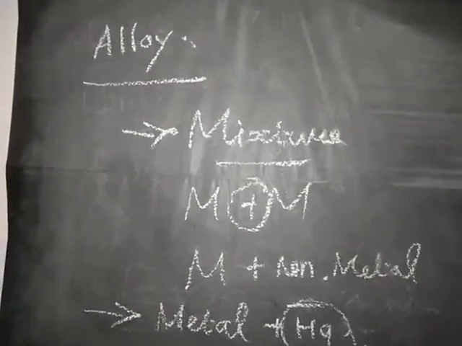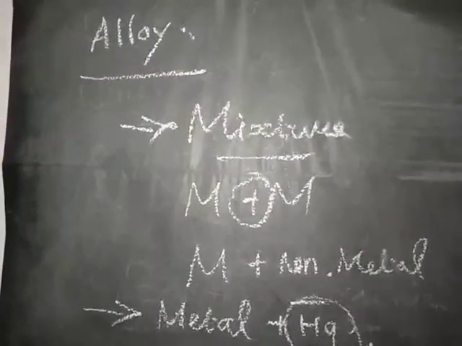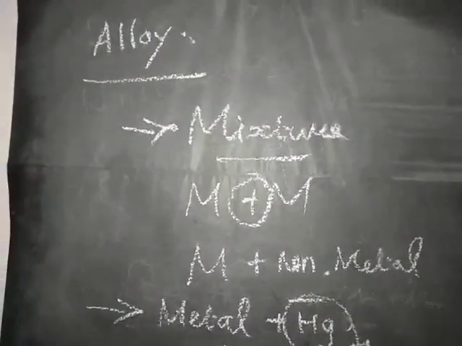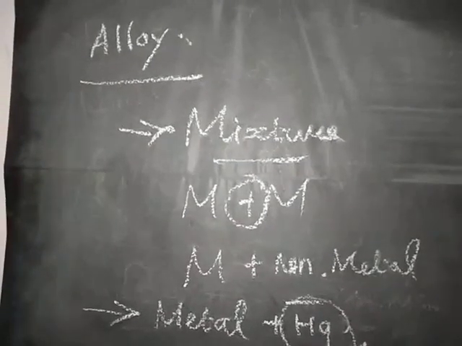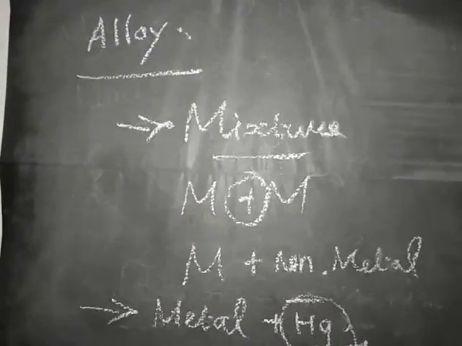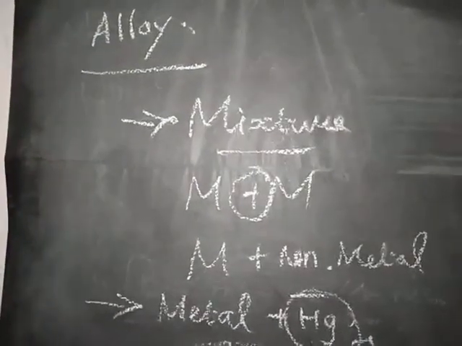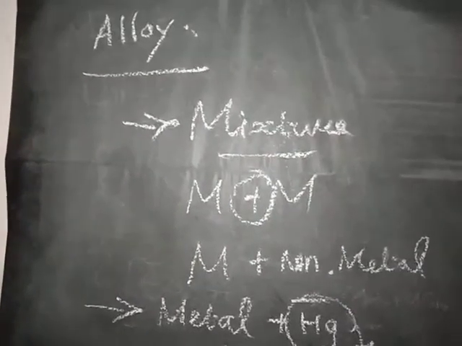Next, reason and assertion type questions. Next, answer the following. Find the answers and write them in your classwork note. For one mark questions, write the answer alone. That is the homework. Do the textbook exercise, with continuous question numbers.